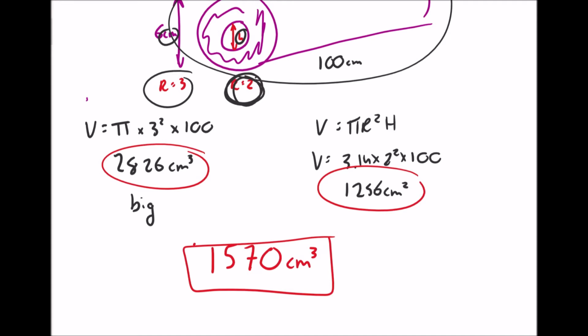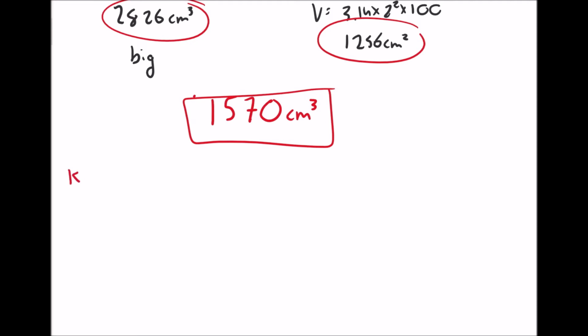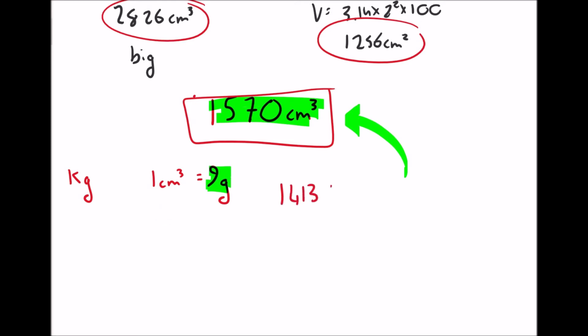And then it says get the mass of the pipe in kgs. Okay, so we want it in kgs, and they tell us that 1 centimeter cubed equals 9 grams. Well, if 1 centimeter cubed equals 9 grams, if I multiply this by 9, I get this in grams. So if I multiply by 9, I get 14130 grams.